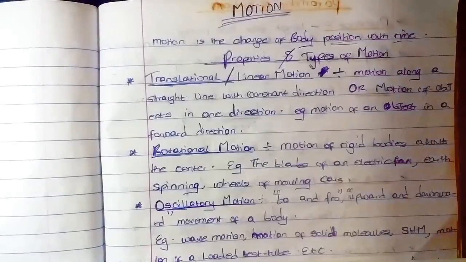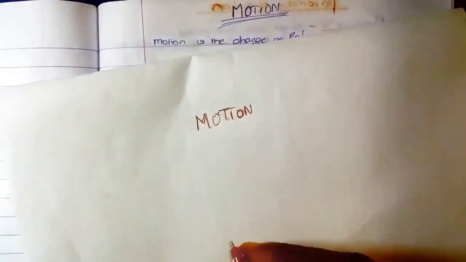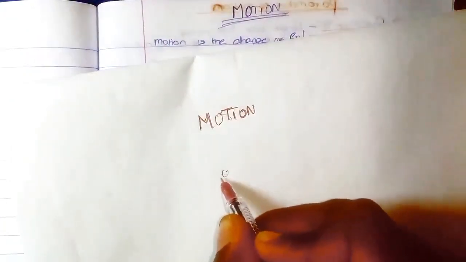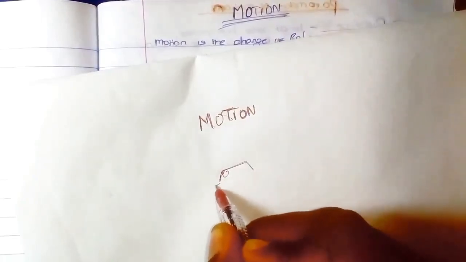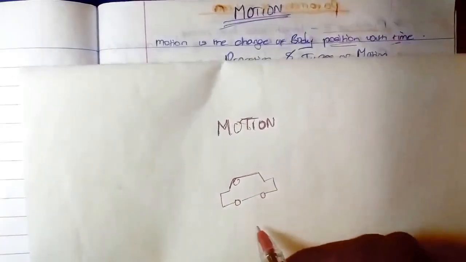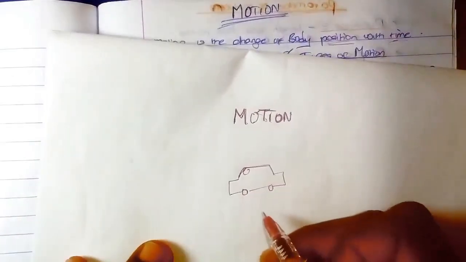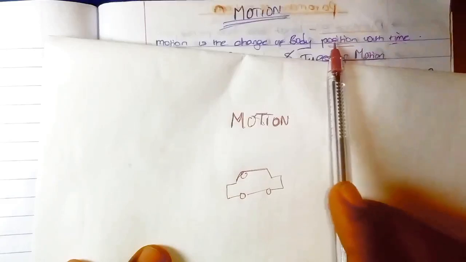Translational motion is just the motion of an object in a straight line. Let me use a vehicle. Let's say this is a car. Remember what I told you before: the thing we need to take note of is just position and time.